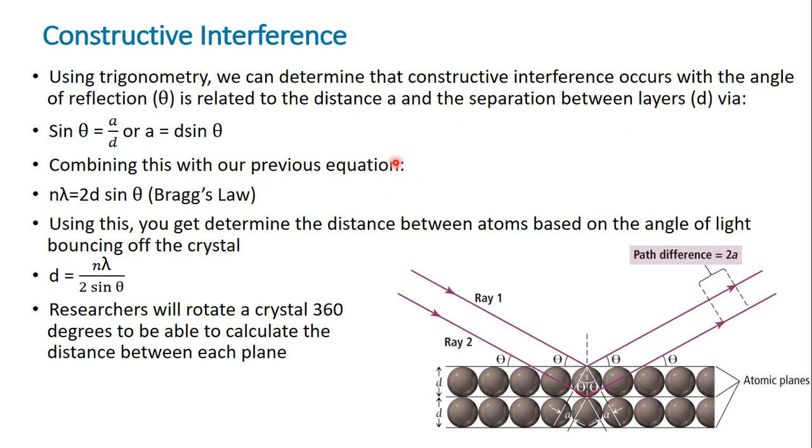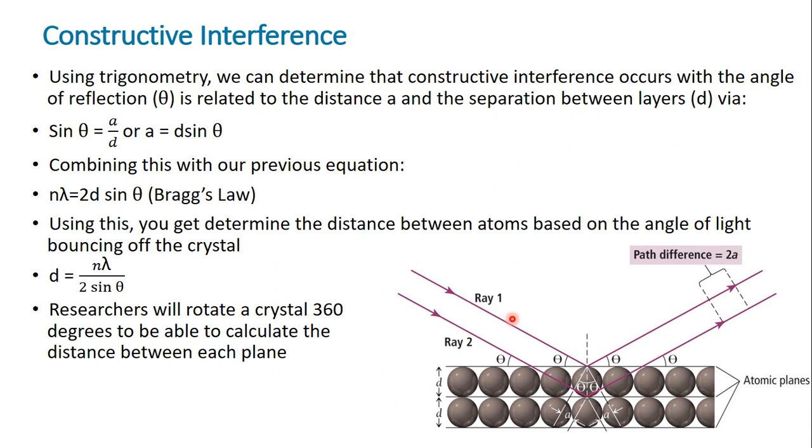Now, we can actually use trigonometry here to determine when constructive interference will happen based on this angle of reflection. You see here, when the lights hit the atom, they actually have an angle between the light coming in and our plane.